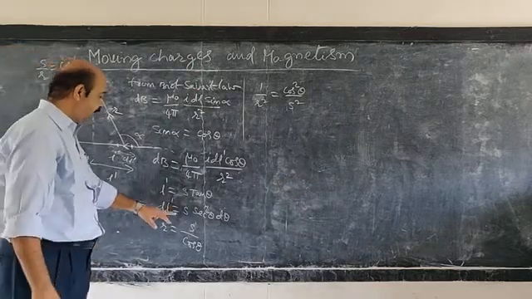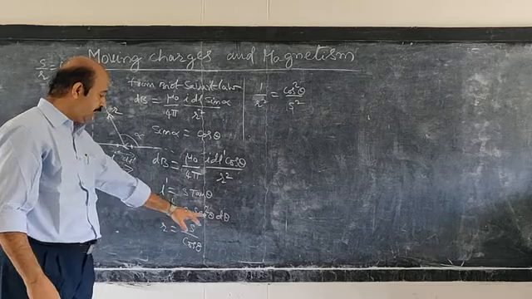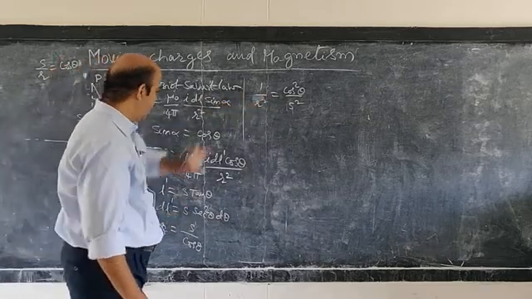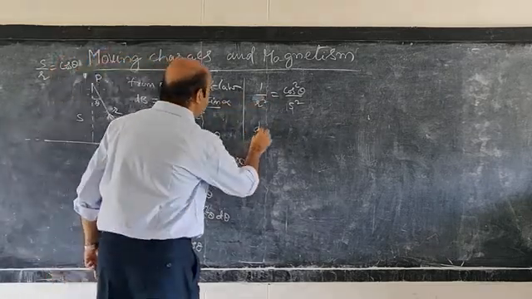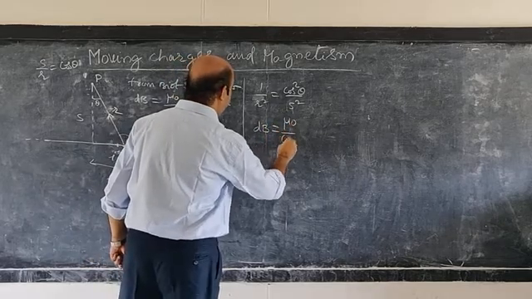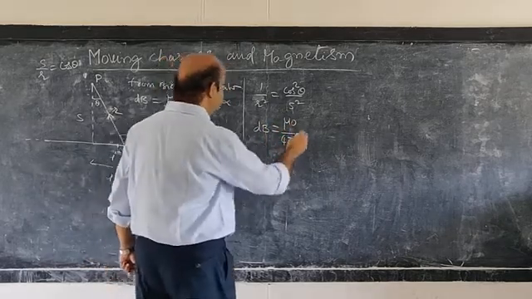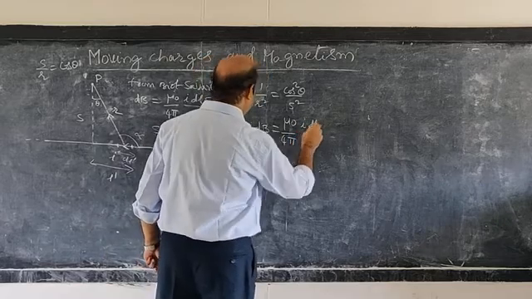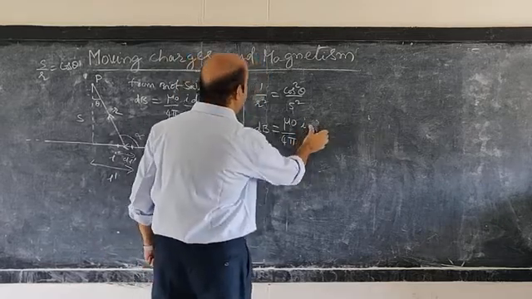So let us substitute for dl prime this value and for 1 by R square that. Then see what happens. So dB is equal to mu naught by 4 pi I dl instead of dl dash.